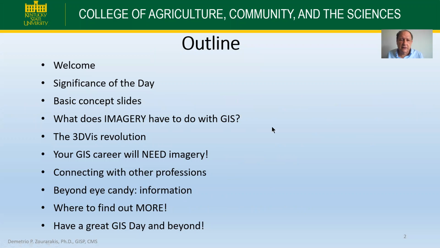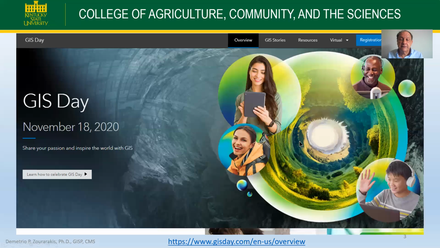We have been seeing tremendous progress in technologies with respect to that. Your GIS career will need imagery and other sensor data. If you are not consuming it already, you will be. The UAV revolution, connecting with other professions beyond eye candy. It's all about information, more than just data. Where to find out more, and then a dismissal.